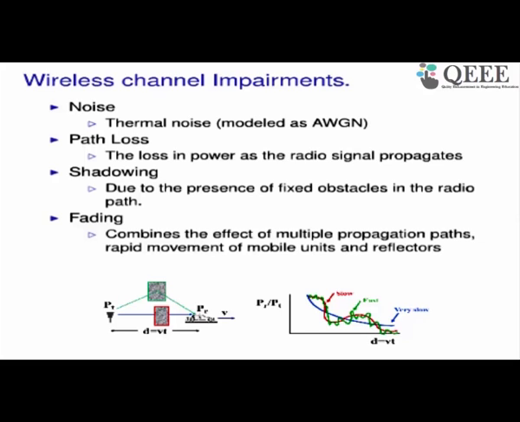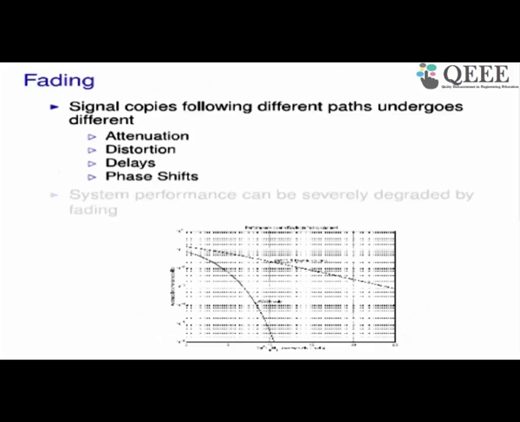So this multipath causes a lot of problems. It causes variation in the amplitude in a very fast manner. You see the green curve that is capturing the effects of fading. So these are the four major impairments in a wireless channel.